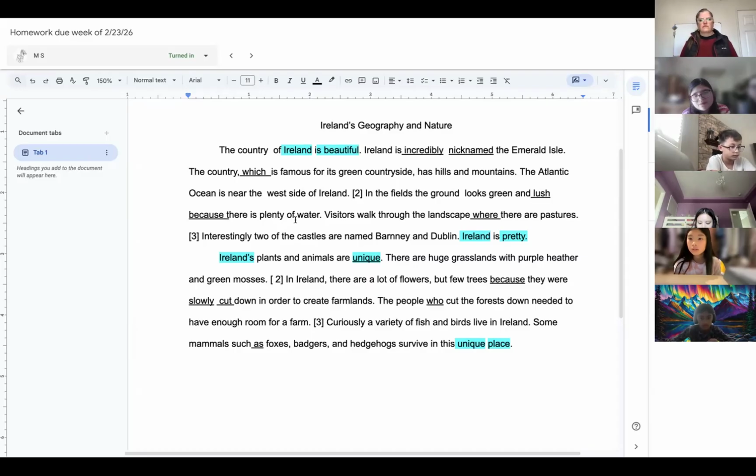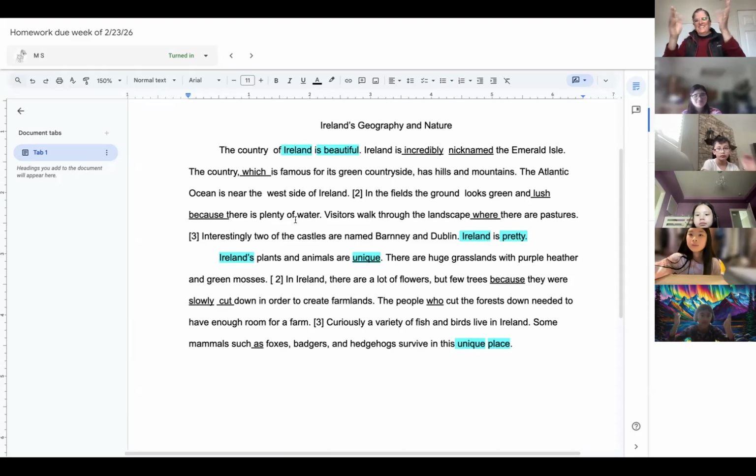The people who cut the forests down needed to have enough room for a farm. A variety of fish and birds live in Ireland. Some mammals, such as foxes, badgers, and hedgehogs, survive in this new place.